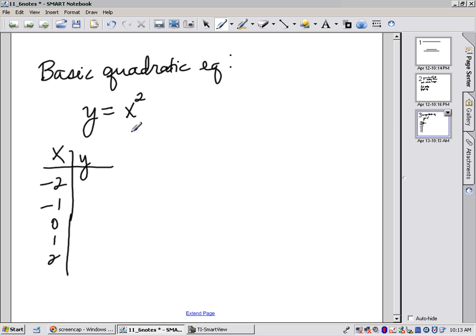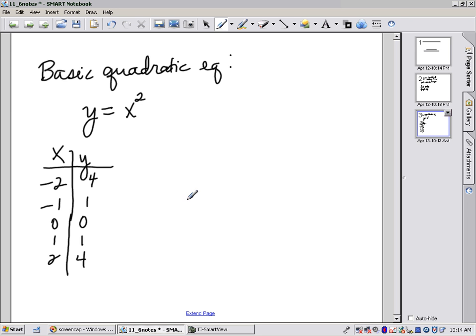The way I find y is I have to square the x value. So if we square -2, we get 4. If we square -1, we get 1. If we square 0, we get 0. Squaring 1 is 1, and squaring 2 is 4.